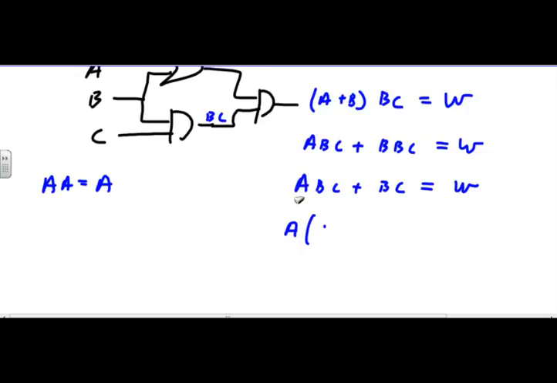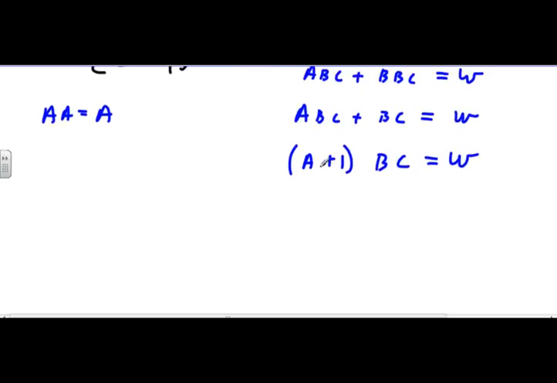I can undistribute, and say A or 1 times BC is W, and then A or 1 is 1. So this is just B C is W. Now I reduce this.